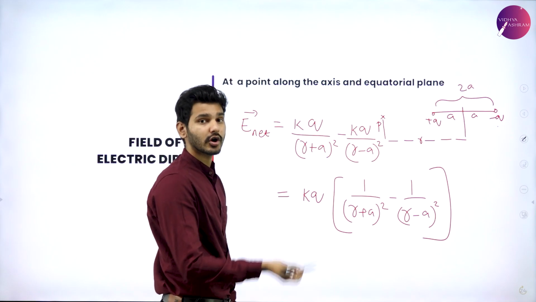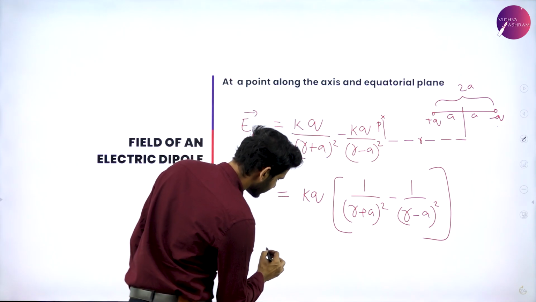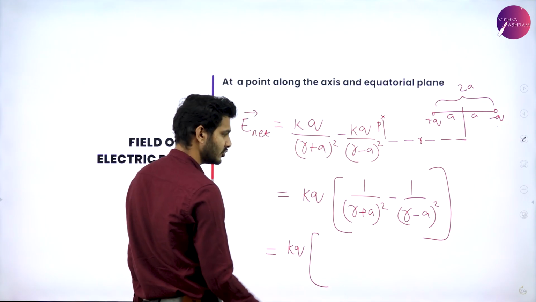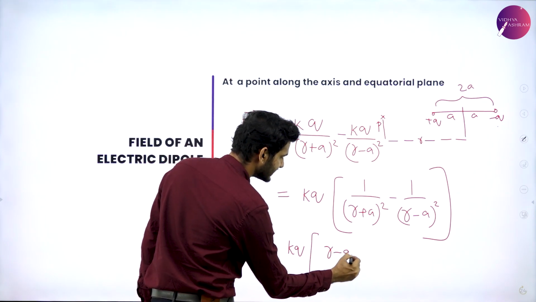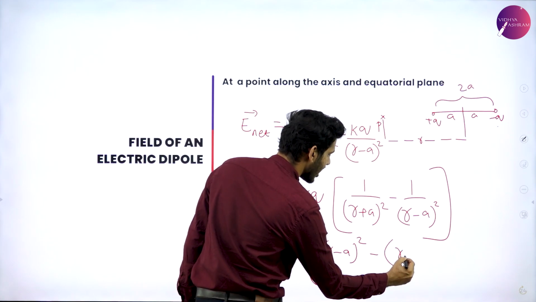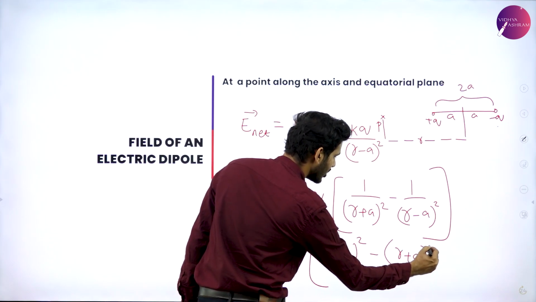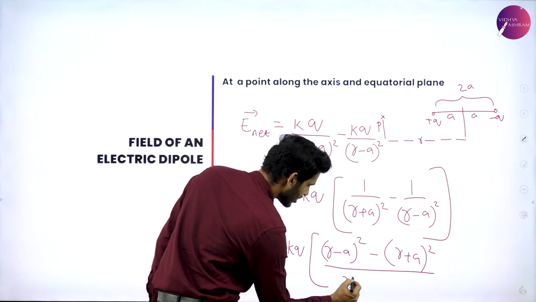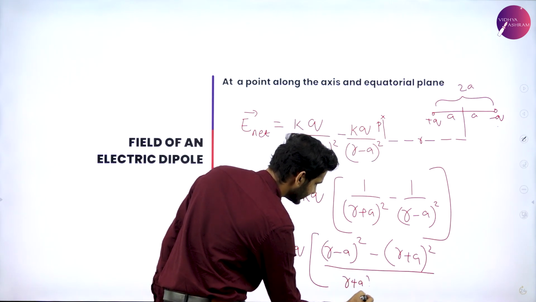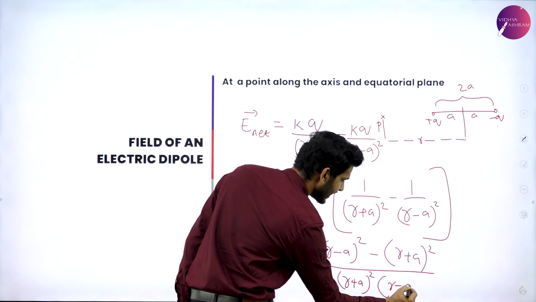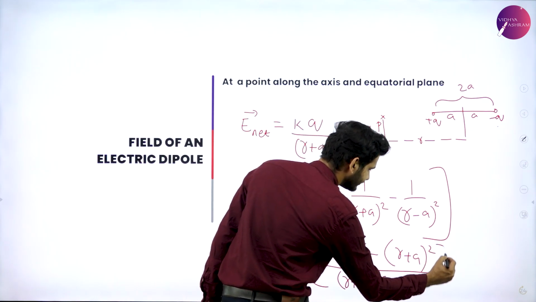So we'll have to cross multiply this, which just means KQ into (R minus A) whole square minus (R plus A) whole square, divided by (R plus A) whole square into (R minus A) whole square.